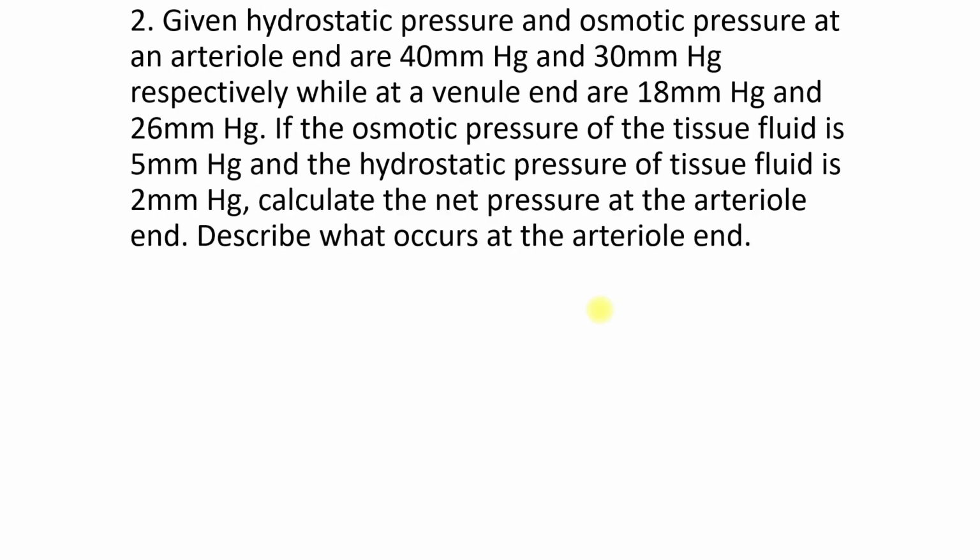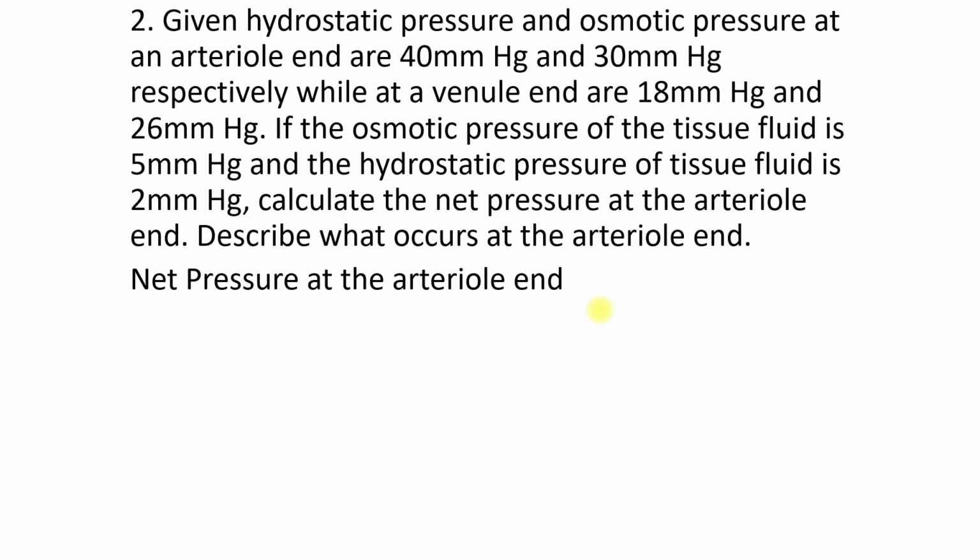Next question. Pause this video, then come back after 2 or 3 minutes. The question says, describe what occurs at the arterial end. Before you can describe what occurs at the arterial end, you need to calculate the net pressure at the arterial end first.